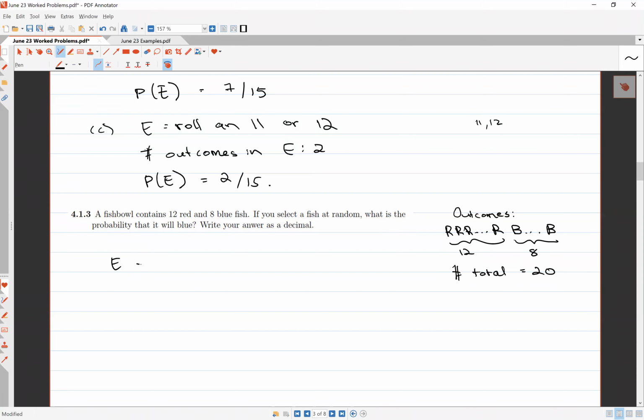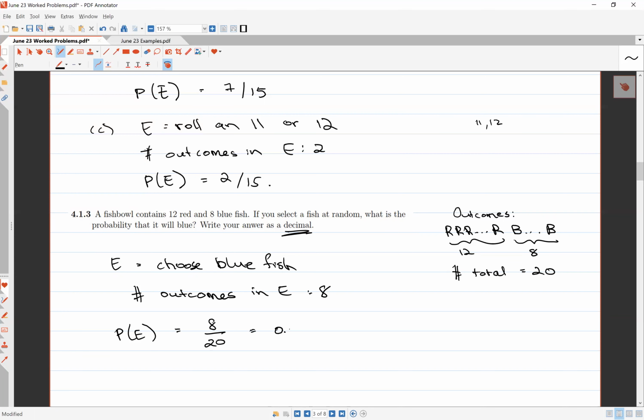And our event E here is that you choose a blue fish, and how many of the outcomes correspond to blue fish? 8 of them. So the probability of E here is going to be the 8 outcomes that result in you selecting a blue fish out of the 20 total. We want to express this as a decimal, and 8 divided by 20 is 0.4. So that's how we would do this as a decimal.